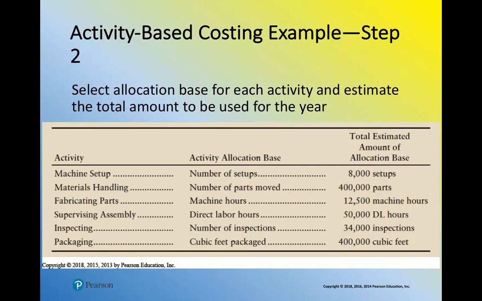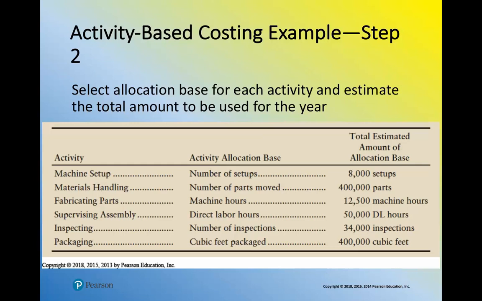So next we go through and we select the allocation base. For every one of our activities, we're basically going to have its own cost driver. And we can see for our fabrication of parts and our supervising, that's going to be the exact same as the things we used for our departmental and for our predetermined overhead rates, machine hours, direct labor hours.